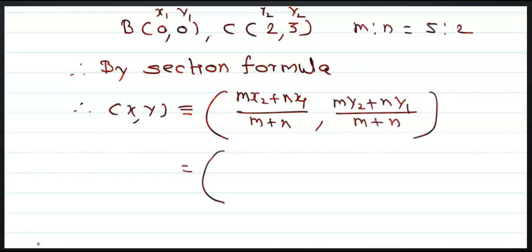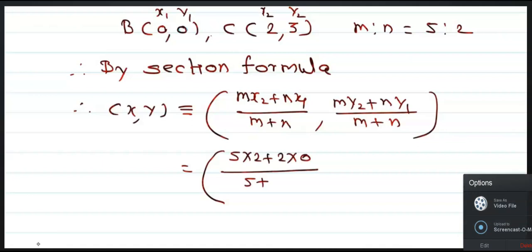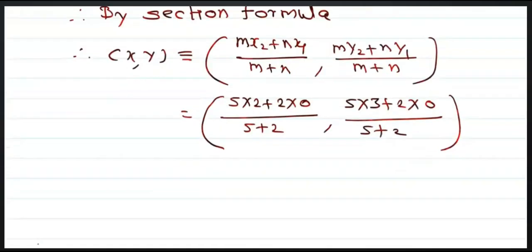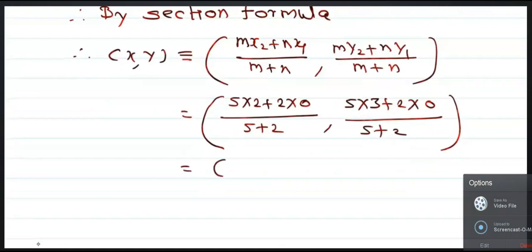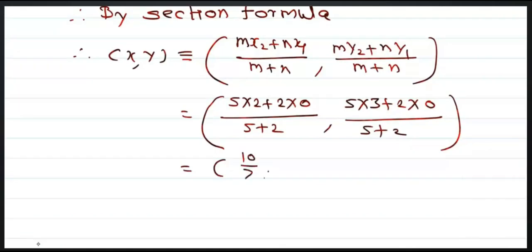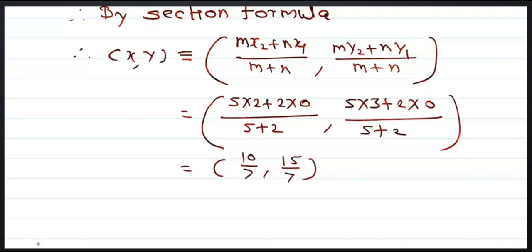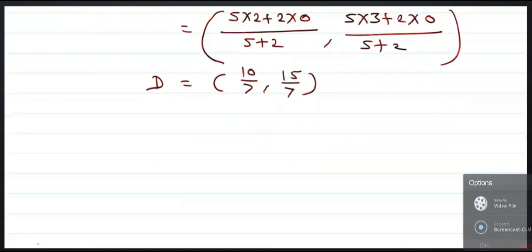Therefore, m and n, this is the ratio, 5 into 2 plus 2 into 0 upon 5 plus 2. 5 plus 2. Therefore, you will get 10 upon 7, 15 upon 7. This is the point D.